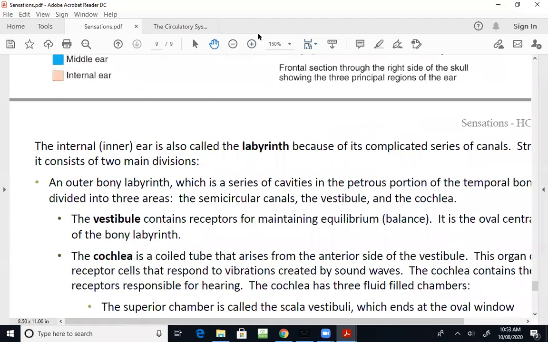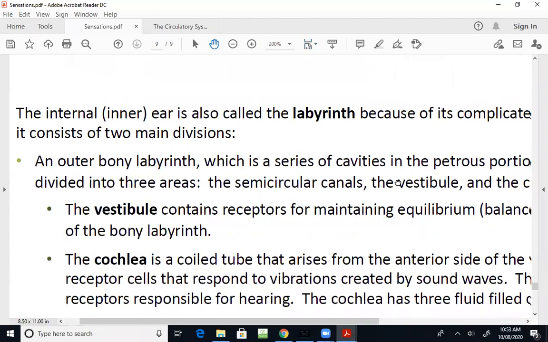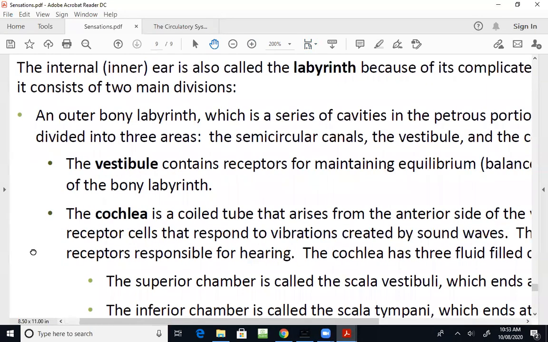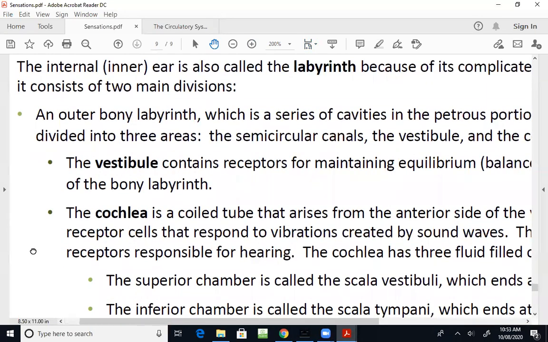I don't know why they don't have the vestibule labeled. It's a very important component of our inner ear, which is really where all the magic happens, our inner ear, that is, for both hearing and balance.